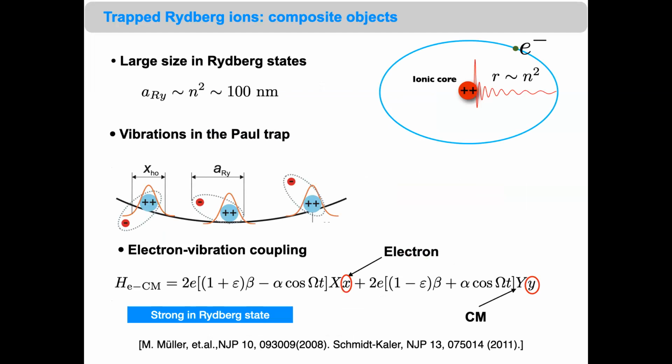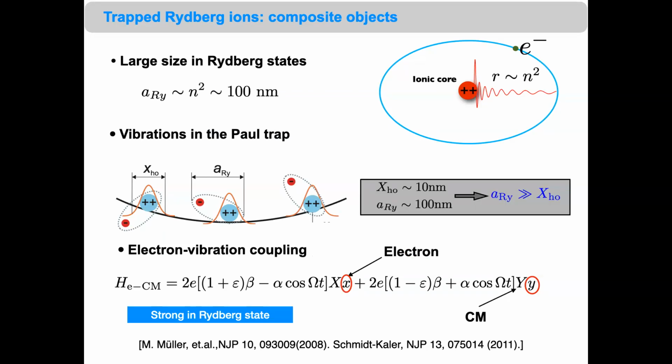In the trap, when the temperature is low, the ions vibrate around their positions, with a vibration distance of typically roughly 10 nanometers, which is smaller than the Rydberg electron cloud. As a result, for trapped Rydberg ions you typically cannot consider them as a point particle. Instead, it is like a composite object.